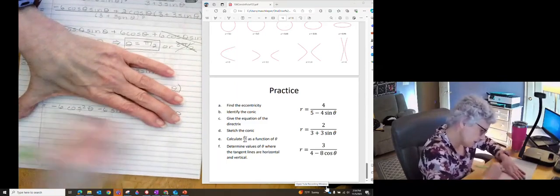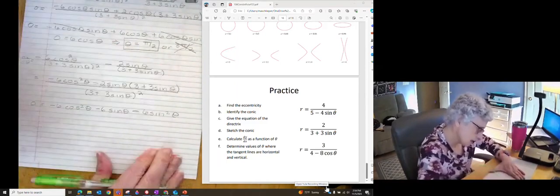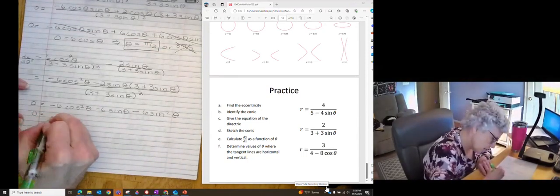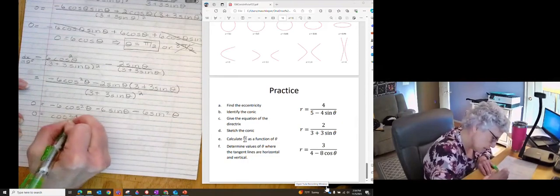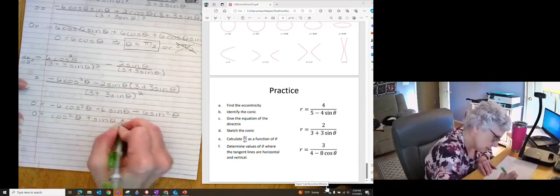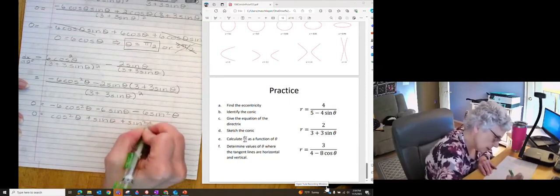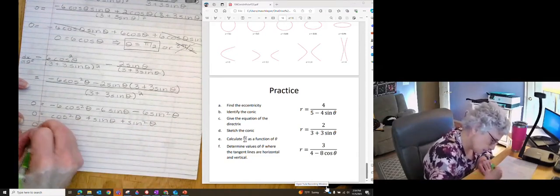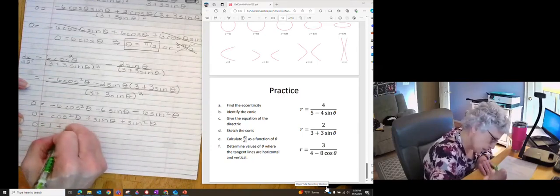Let's just divide everybody by minus 6 because everybody has the same coefficient. So 0 is equal to cosine squared of theta plus sine of theta plus sine squared of theta. Cosine squared plus sine squared is equal to 1.